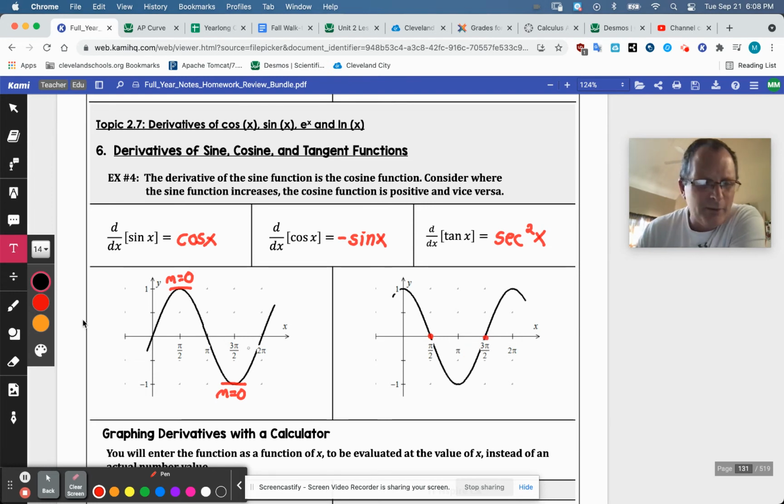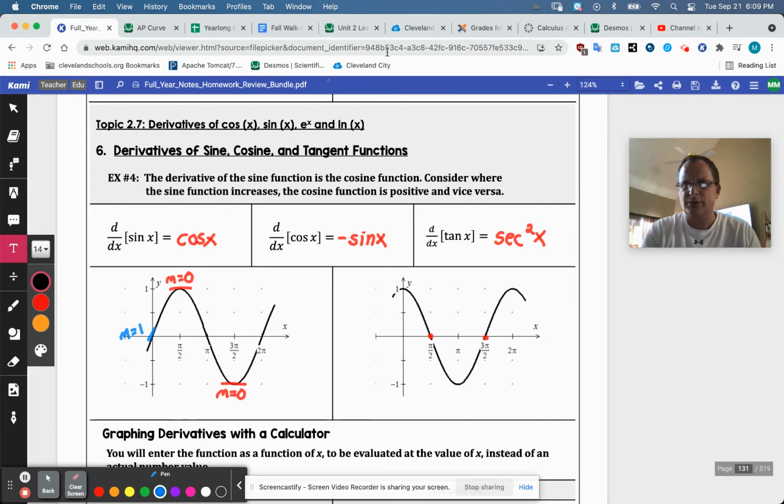Now, the other parts you have to believe a little bit. But this slope right here, the scale is off a little bit because that's 1 and that's not 1, so it's hard to really see. But that slope, if we were to graph it to scale, is 1.